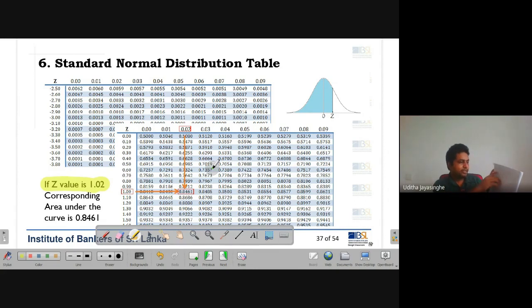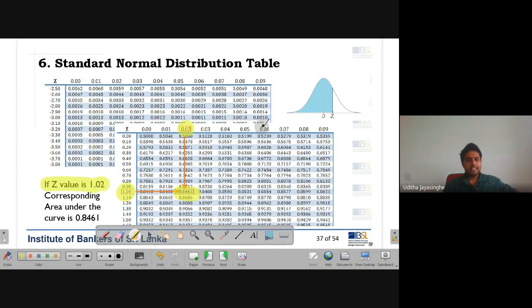I found 1.0 here, but I have to find 1.02. So 1.02 means the third column. That 1.02 is the exact value that I have highlighted here. See, I look for 1 and then for 02.